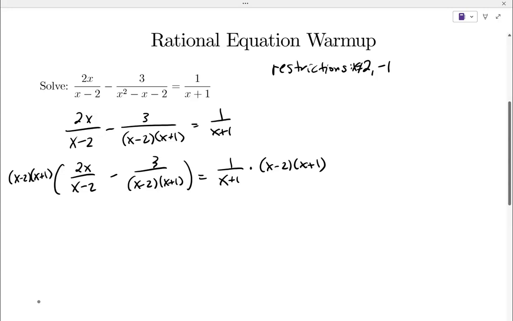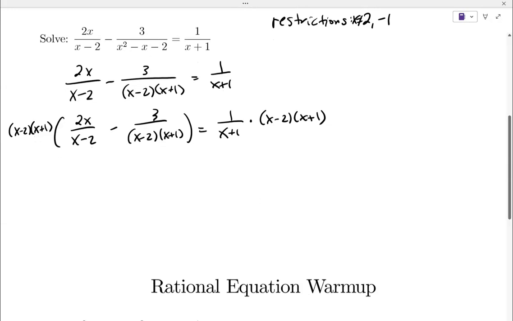What's next? Good. Yeah, I want to remember, don't just try to cancel here and here, right? Distribute it first and then do your canceling, right? So let's go ahead and just write out the distributing and then we'll worry about the canceling.